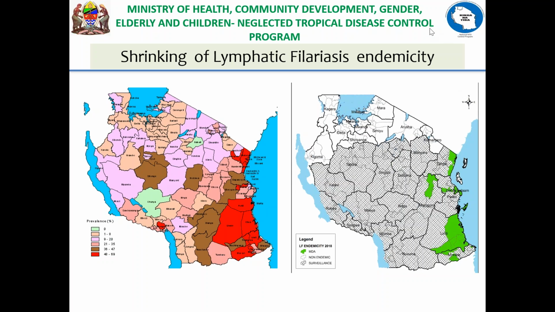In the lower part, where you see greenish and checked boxes, the green areas have ongoing MDA, and the checked lines are where LF is endemic, but mass drug administration is not ongoing as we have stopped MDA and are now doing surveillance. Next, please.